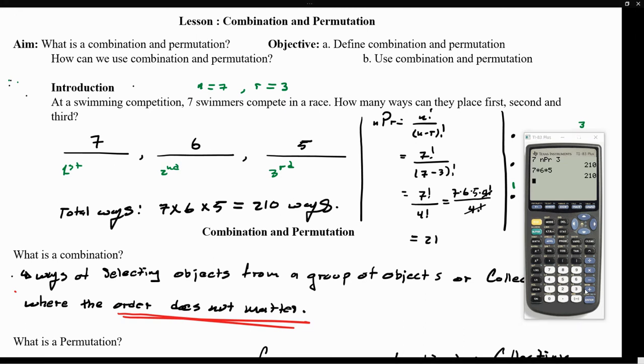Notice that we get the same result regardless, but obviously the calculator can do it faster than us. So we're going to be using the calculator to come up with the combination and permutation throughout these examples.